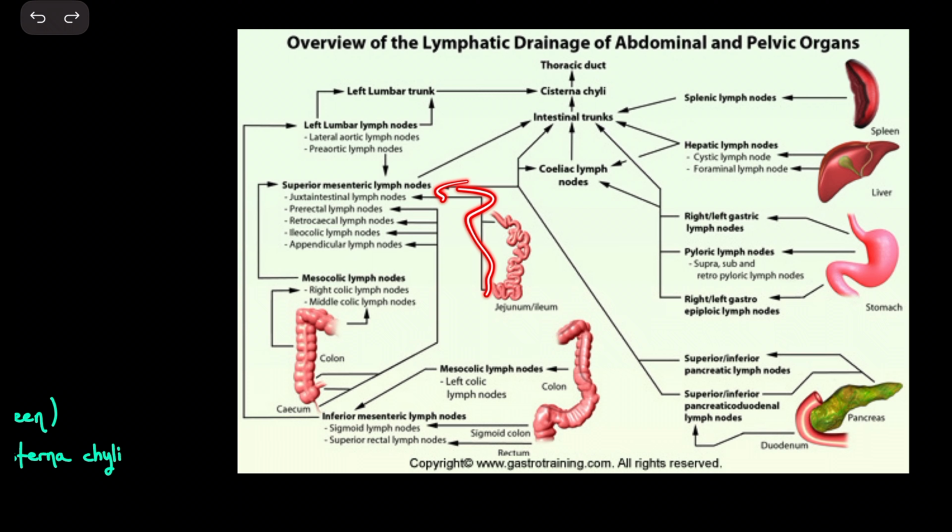I'm not asking for all of that, but what I'm after is that we eventually make our way to these intestinal trunks, and that drains into the cisterna chyli, which is that pit at almost the center of your abdomen, and that directly drains into the thoracic duct, which makes its way up to the left venous angle for the ultimate drainage point. All right.